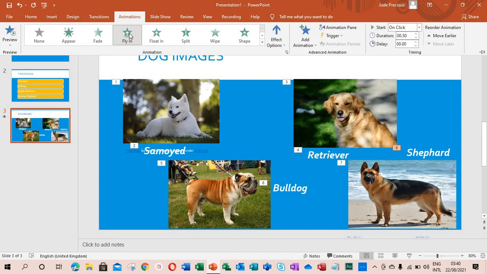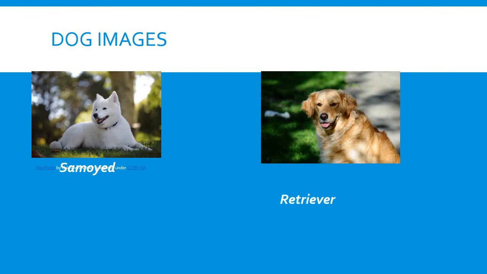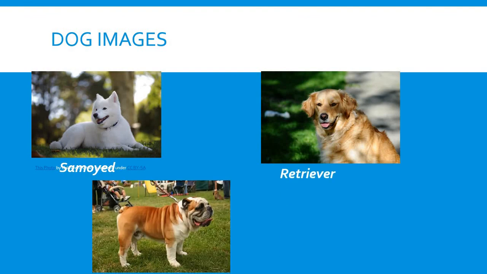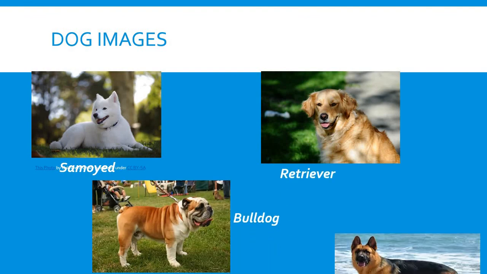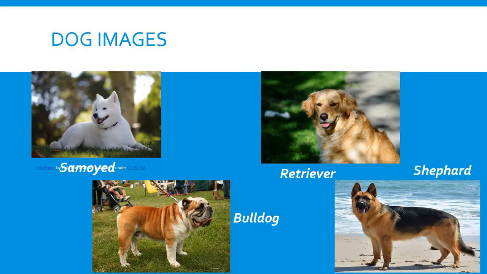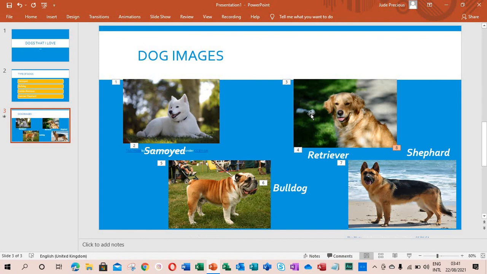Let us use the slide view again. We can observe that as we keep clicking, the images keep flying in. So that is it. So we leave the slide area again and come back to the normal view.